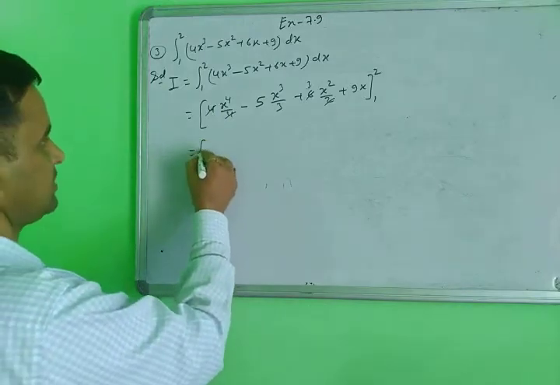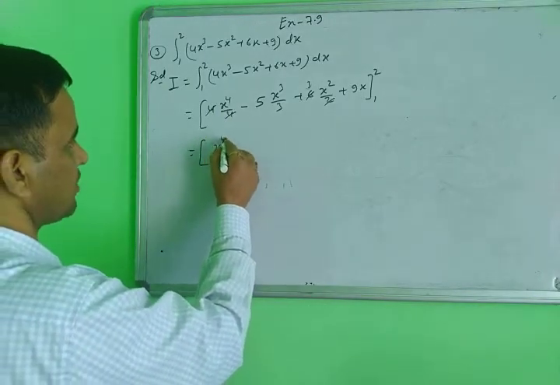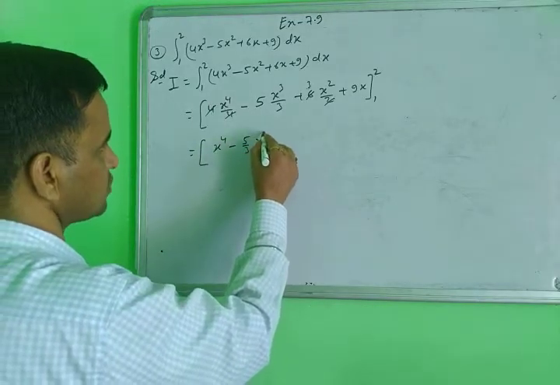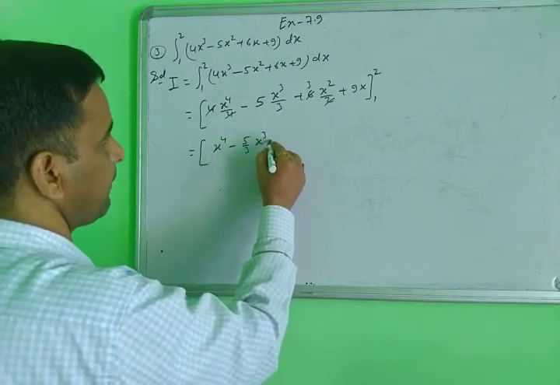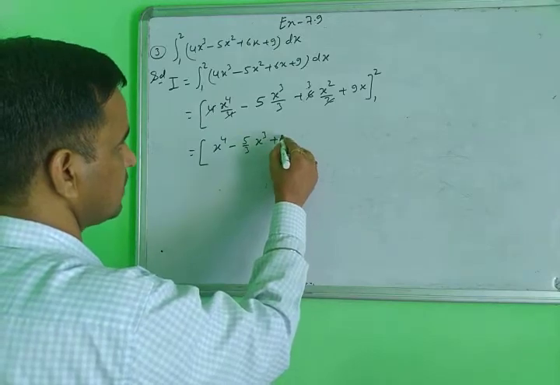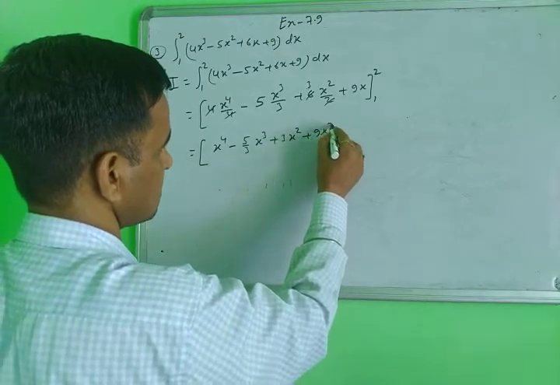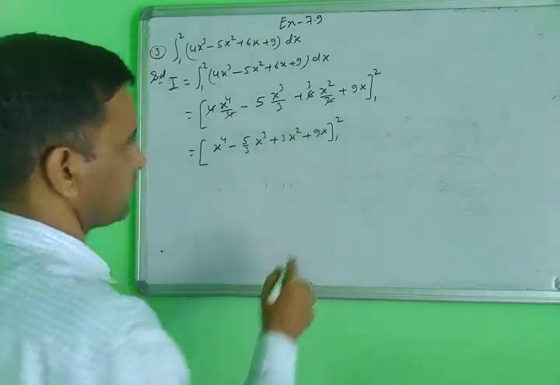Then what is left here? x to the 4, minus 5 by 3 x cube, plus 3x square plus 9x, from 1 to 2.